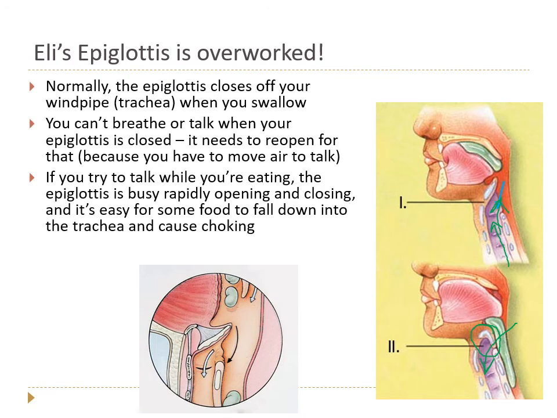So the problem with Eli, right, is that you can't talk and eat at the same time, right? You can do one or the other. You can't do both because the epiglottis has to close if you're going to swallow some stuff, and it has to open if you're going to talk. You can't just have it halfway.